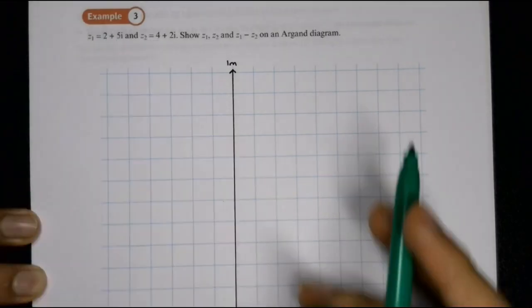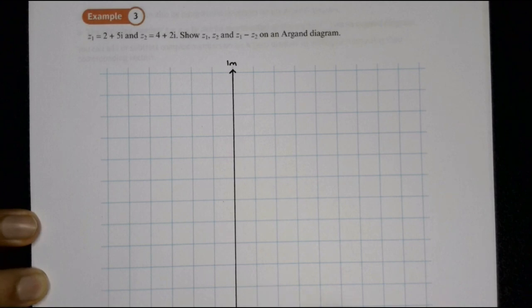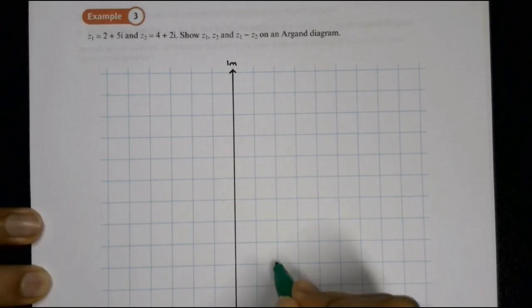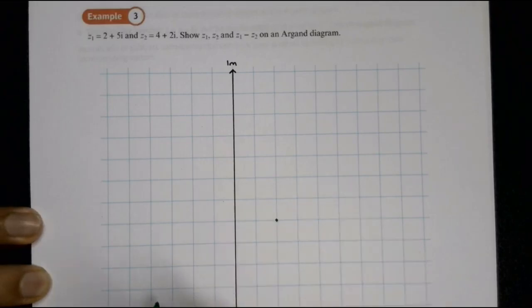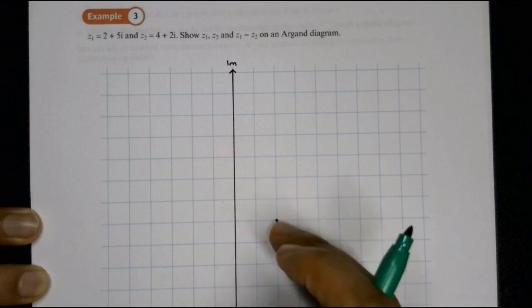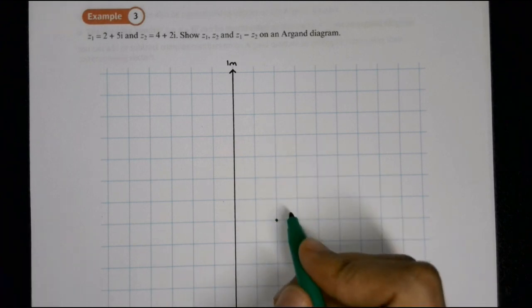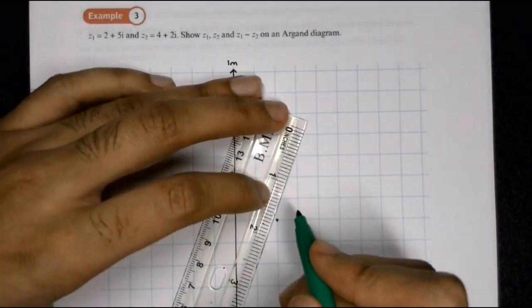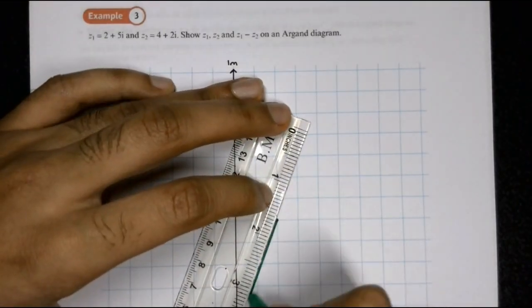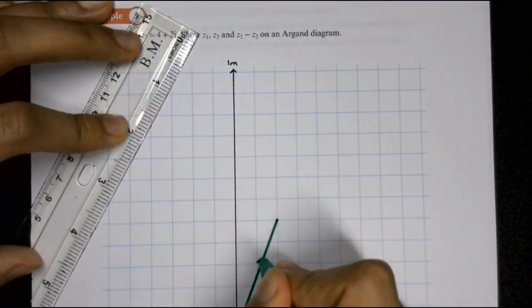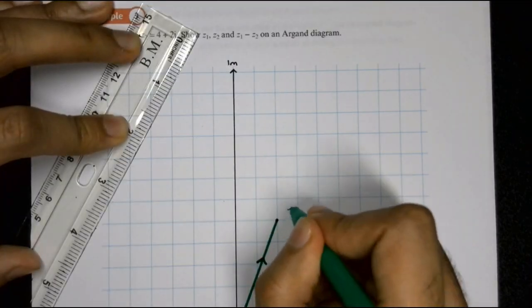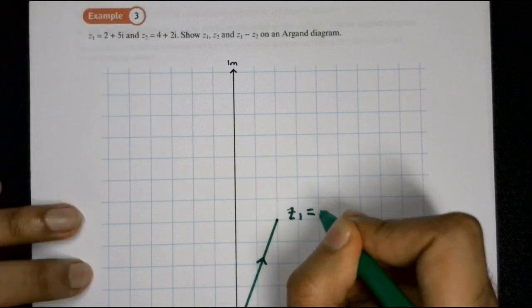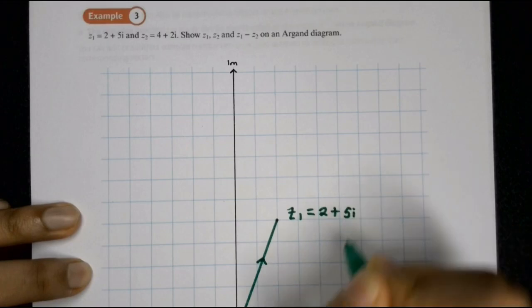We have 2 across 5 up, so we go 2 along the real axis, and then we go 5 up the imaginary axis. So you can see here we have the vector z1. So let's just draw this on. We have here z1 which is equal to 2 plus 5i.